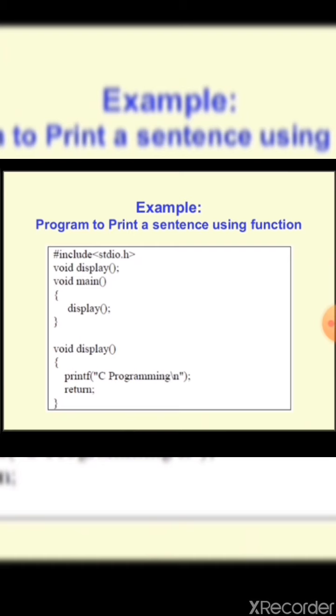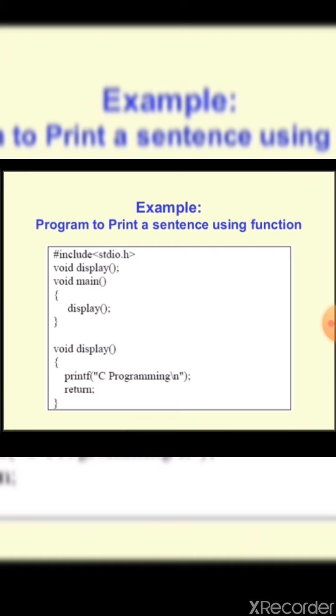That display function is not taking any input from main, so we are not giving any information on how to display it. And the display function is not returning any status either. That's why we write the return type as void.